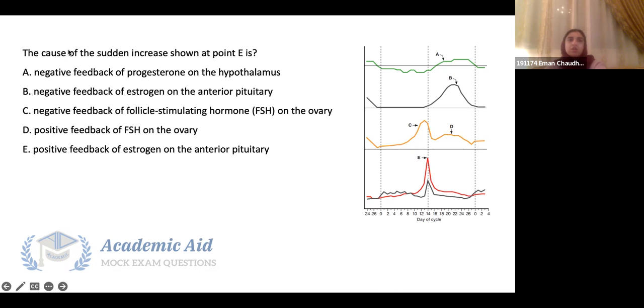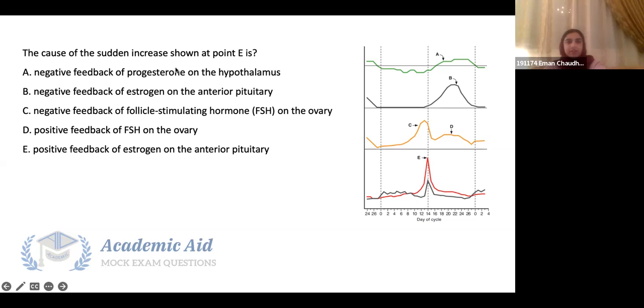Next question. The cause of the sudden increase shown in point E over here is: A, negative feedback of progesterone on the hypothalamus; B, negative feedback of estrogen on the anterior pituitary; C, negative feedback of FSH on the ovary; D, positive feedback of FSH on the ovary; or E, positive feedback of estrogen on the anterior pituitary. Good job, guys.